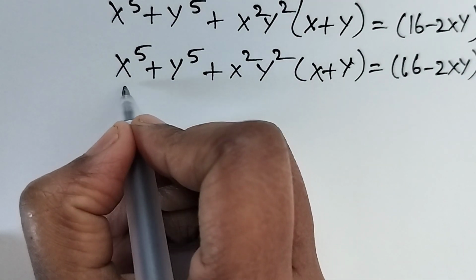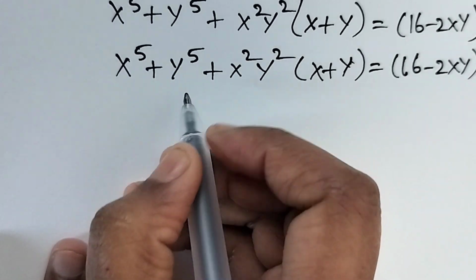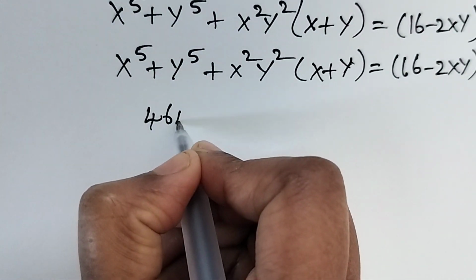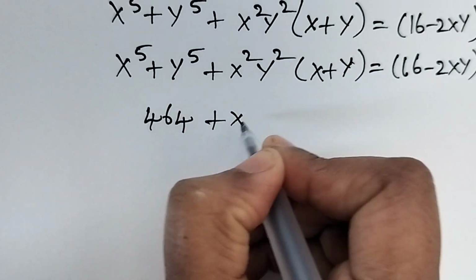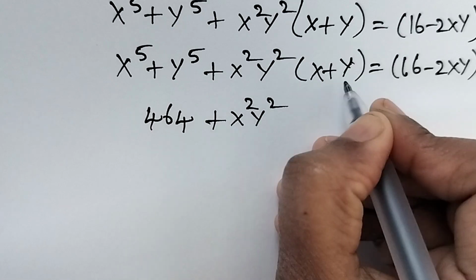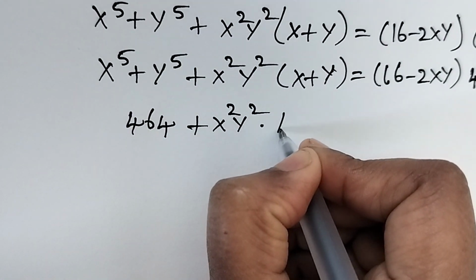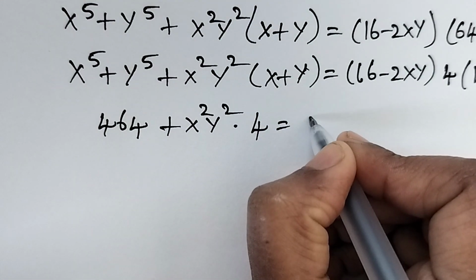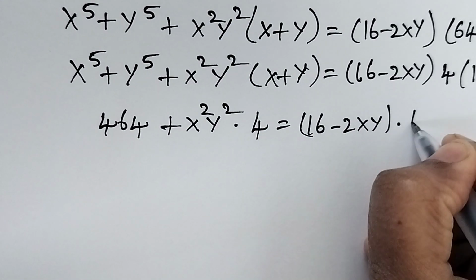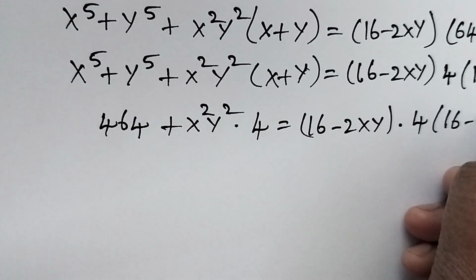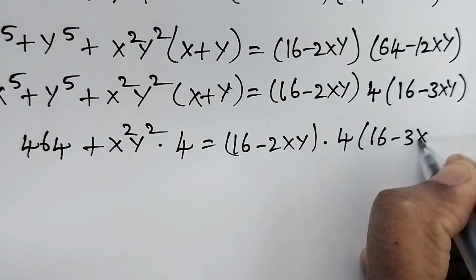So in place of x power 5 plus y power 5, we are writing 464. The value of x power 5 plus y power 5 plus x square y square times the value of x plus y, which is equal to 4, is equal to 16 minus 2xy times 4, 16, 3xy.